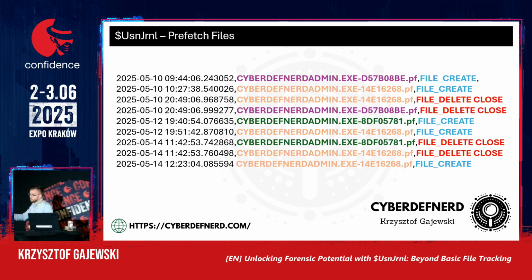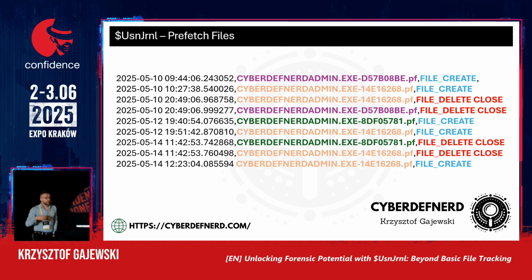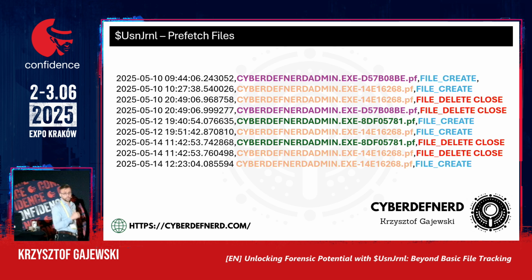Of course it depends on your reaction and whether it's for a client, but still, after 10 hours everything was missing. My system deleted the well-known artifact for program execution, and I couldn't use it. The same happened with the third file, and then finally, on the 14th of May, I ran it again, and the last version of that file was created, which is the one I parsed a few slides before.